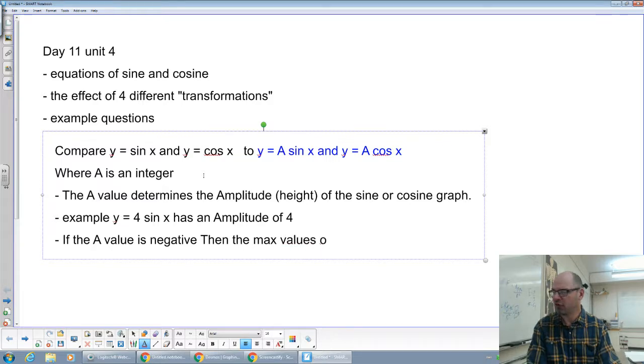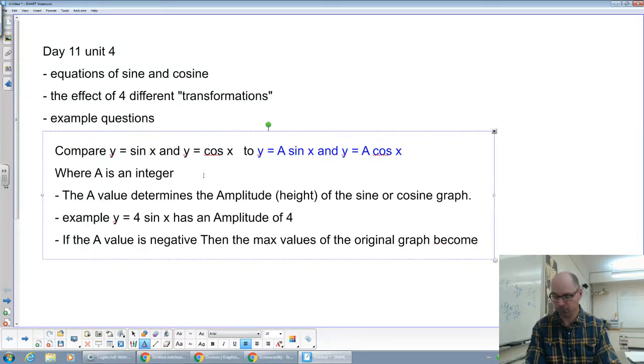The max values of the original graph become min values of the transformed graph, we'll say.